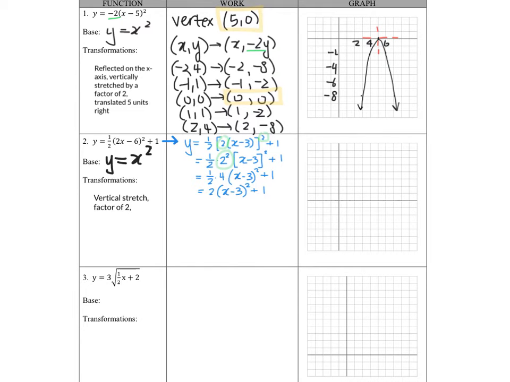And then we have a translation of 3 units to the right and 1 unit up. So now let's work on graphing this function.